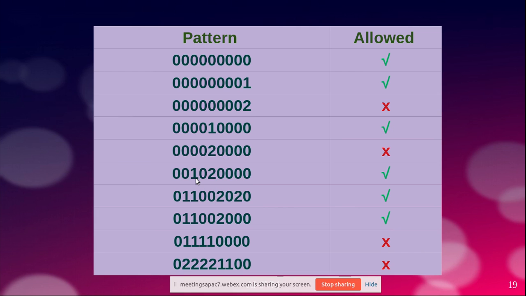Here, player one started, followed by player two, then player one, player two, no problem. Player one, player two, then player one may not be a problem. So this state can never be reached because player two can never start. Player two cannot start. If you look at it, player one plays, again player one is playing, again player one is playing, and you cannot see any player two doing anything.